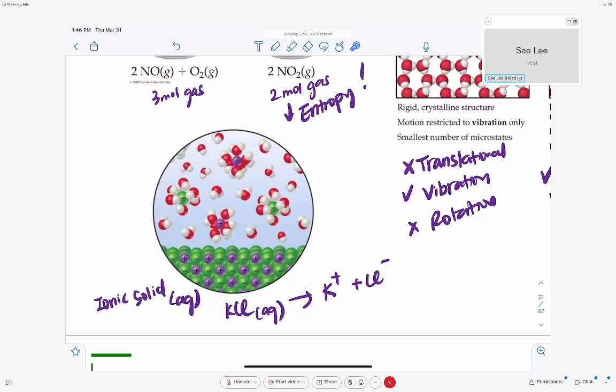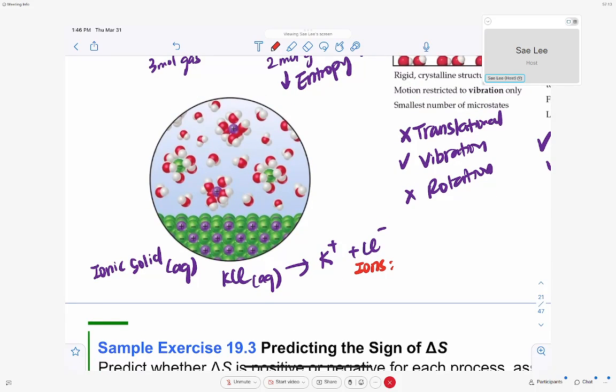So the ions are more free to move around compared to when they were in the solid state, more disordered.